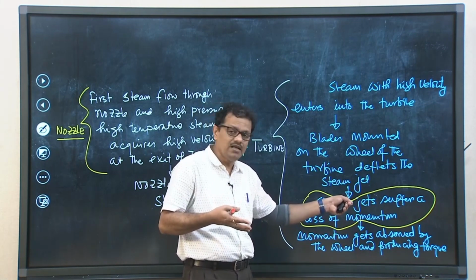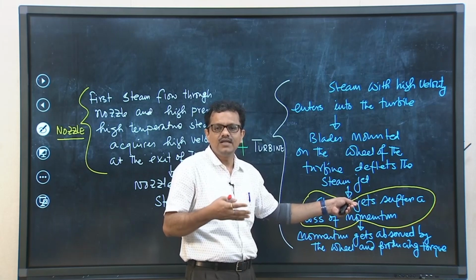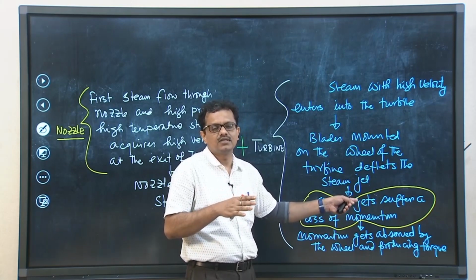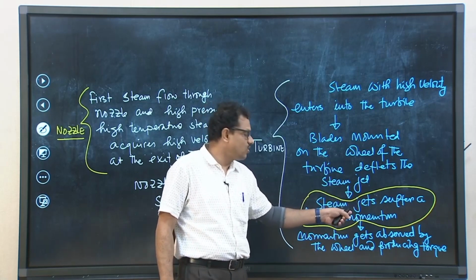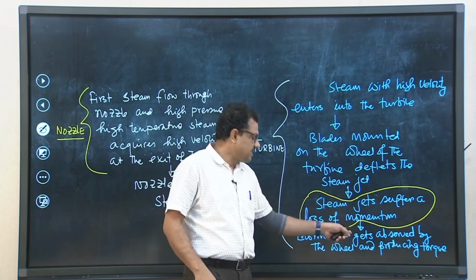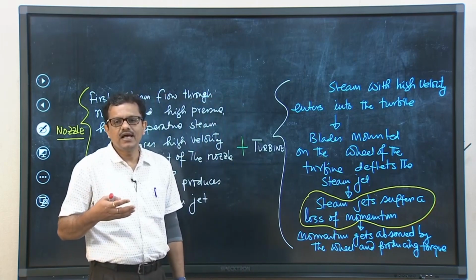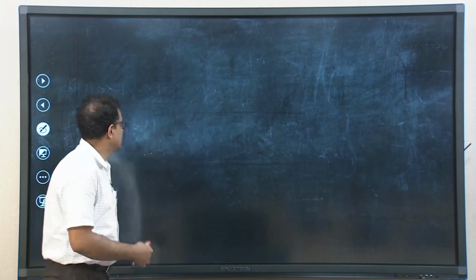So, depending on the number of blades and the energy transfer process, we can classify steam turbines into two different types. Blades play an important role in this energy transfer process.